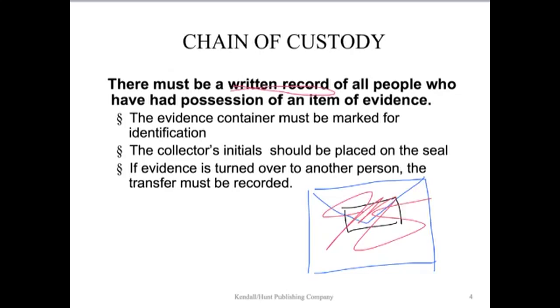There has to be a written record of it whenever there is a transfer. And then when it's turned over, you're going to actually record an evidence log. This is usually on that evidence bag. But every time that the evidence is resealed, you're going to need to add a new label, and whoever is sealing that evidence has to then relabel it.